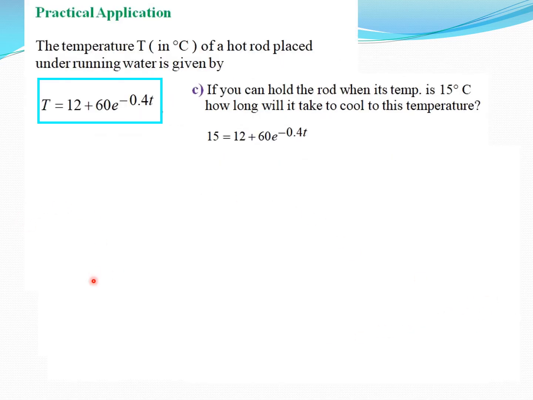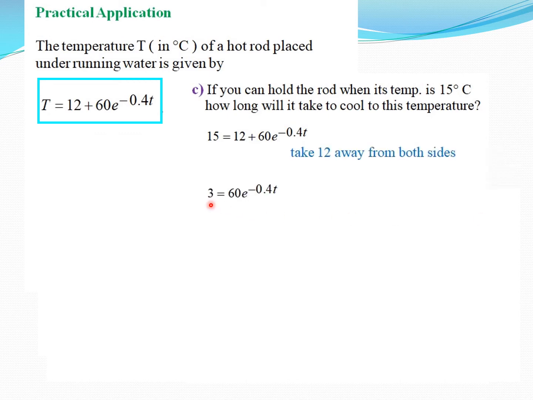Now, returning to the question then, if you can hold the rod when it's 15 degrees Celsius, how long does it take to cool to 15 degrees Celsius? So put 15 in for large T. So 15 is equal to 12 plus 60 e to the minus 0.4 t. So you can see that we're going to take 12 away from both sides of that equation.